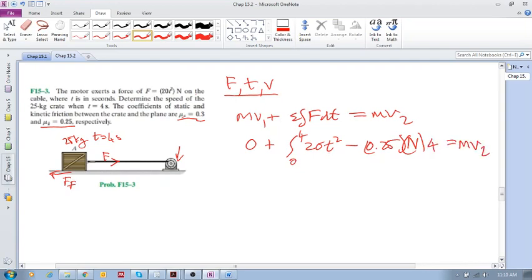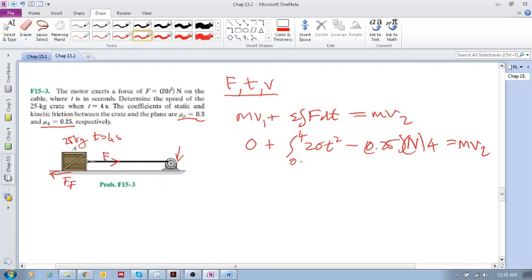So between 0 and 4 we have this applied force, and we subtract the impulse due to the kinetic friction force over 4 seconds. Perhaps that's where you were going, perhaps not, so forgive me if I wasted your time.